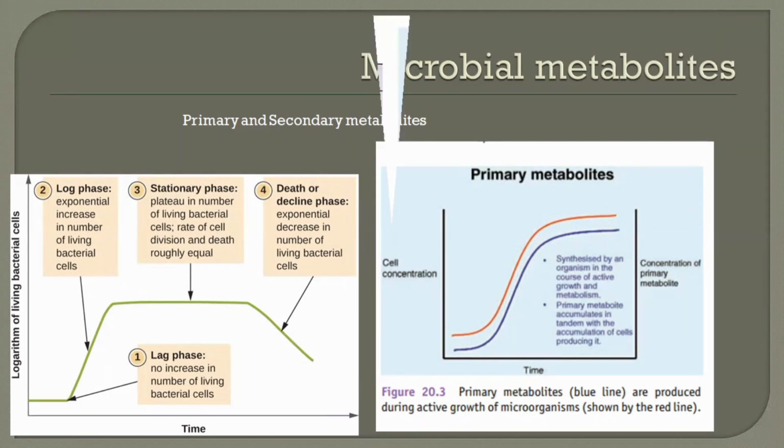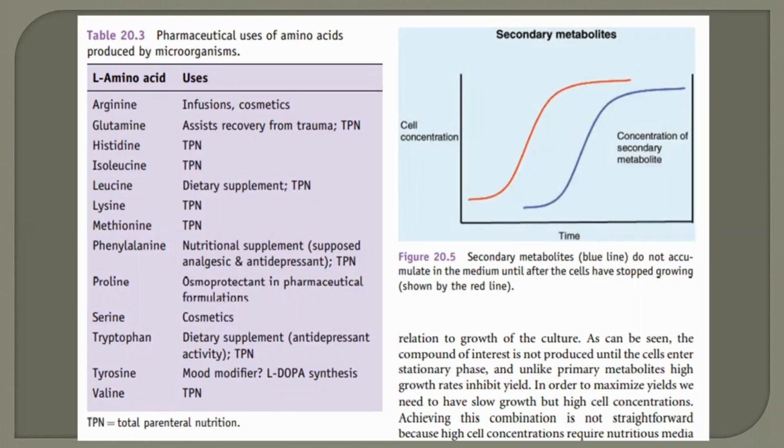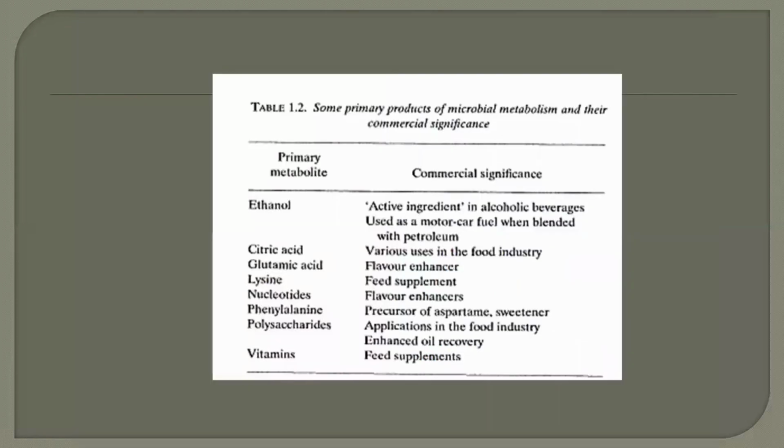Secondary metabolites, which are also shown by the blue line, do not accumulate in the media until after the cell has stopped growing, so there is a big space between them and the growth sigmoid curve. L-amino acids could be products or byproducts of these secondary metabolites. Some examples of primary metabolites include ethanol, citric acid, glutamic acid, lysine, nucleotides, and phenol.